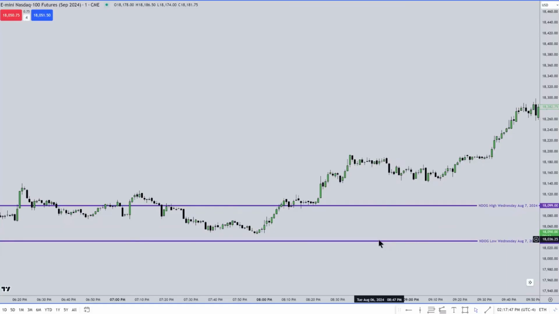They can act like magnets where it draws price back down to them because these levels, these gaps, have real value in them because there's an absence of any real trading.